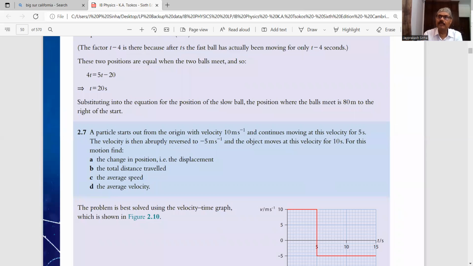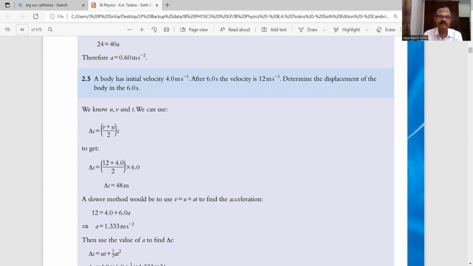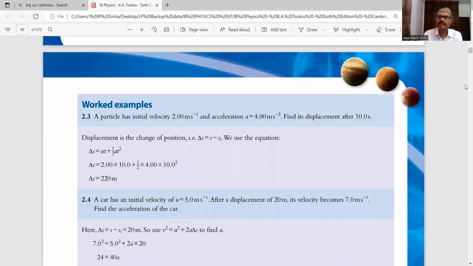So we are going to talk about the uniform motion. Uniform motion means when the velocity is uniform, it is constant. And then we'll come to the uniform acceleration.